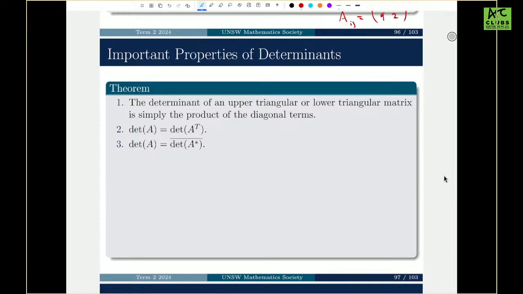Now, the determinant of A is equal to the conjugate of the determinant of the adjoint matrix. We can think of A star as the conjugate transpose. So if we really conjugate this, you get AT.